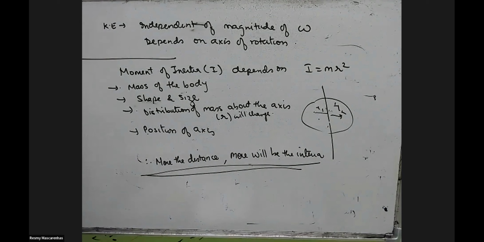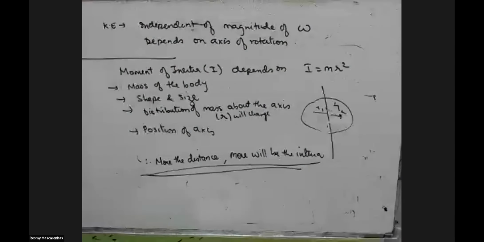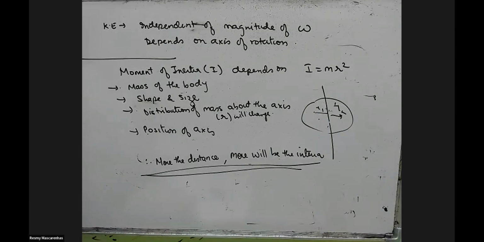Inertia is nothing but like a resistant force. It tries to keep you in the same position. Examples we saw earlier when we studied inertia: when you're sitting in the bus and the bus applies brake, you tend to remain as you are.